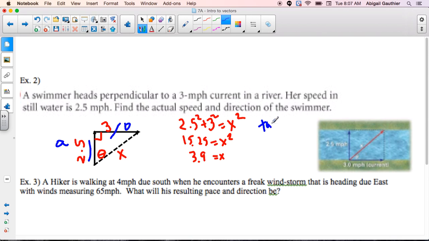So tan of this angle, theta, equals opposite 3 over 2.5. And now that we're trying to undo the tan, I'm going to have to take the inverse tan of 3 over 2.5.